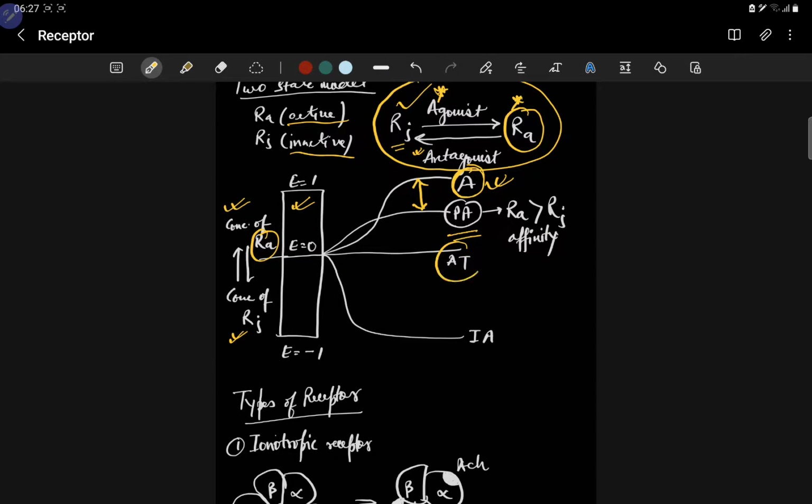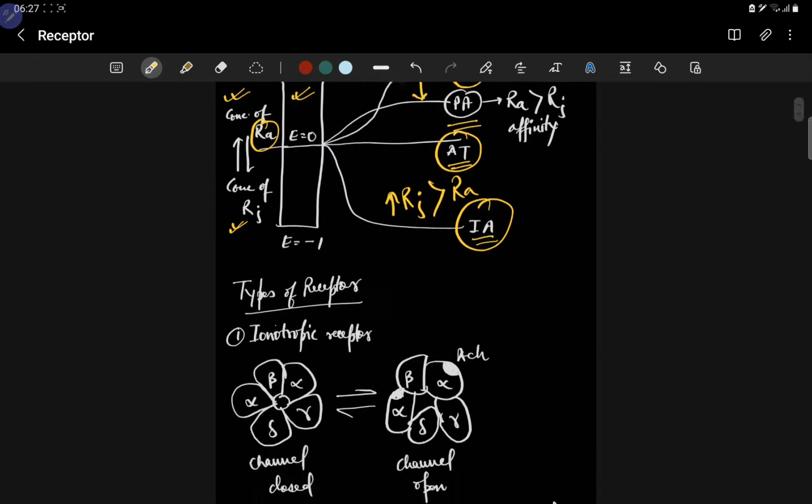Now an antagonist does not change anything. And an inverse agonist just reverses the concentration, that is, it increases the RI concentration over the RA. So these are the basic concepts.